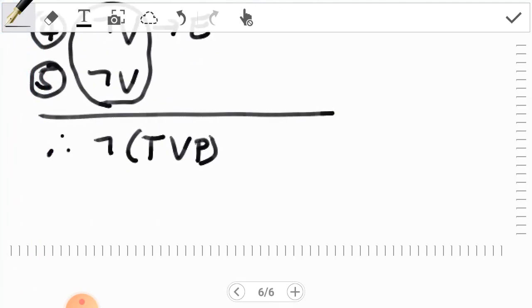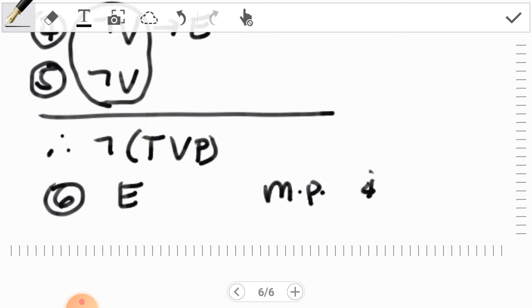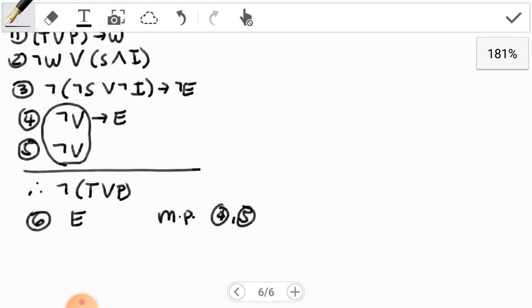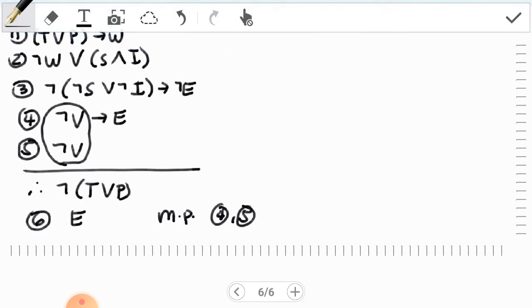If we use modus ponens of 4 and 5, that will just leave us E. And after using modus ponens for 4 and 5, we have here not E.